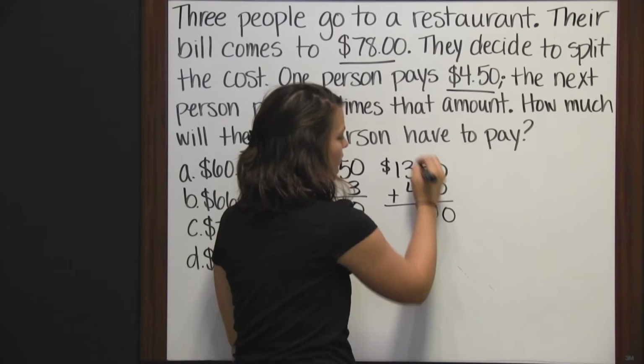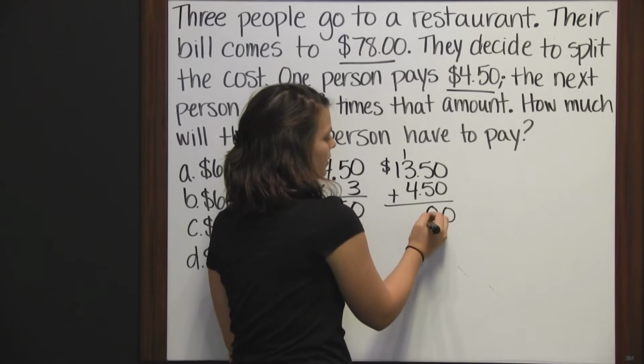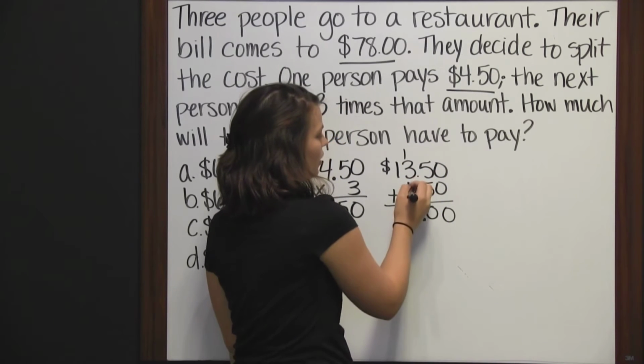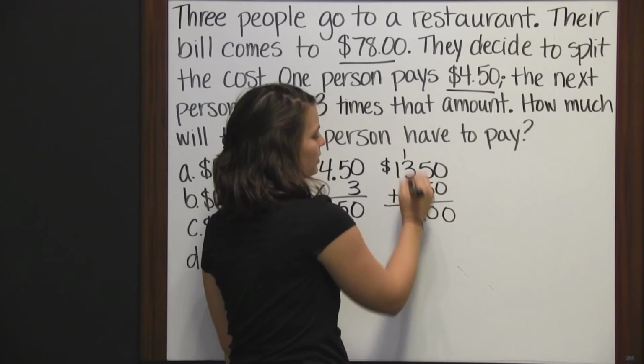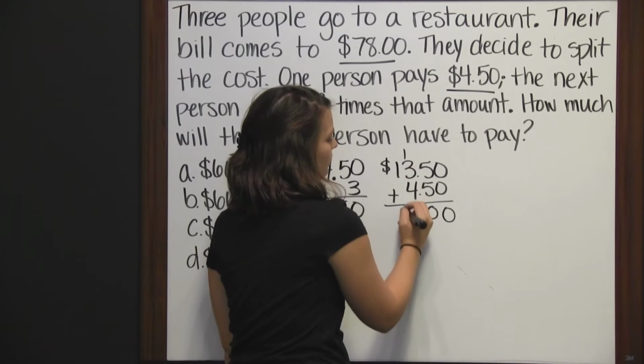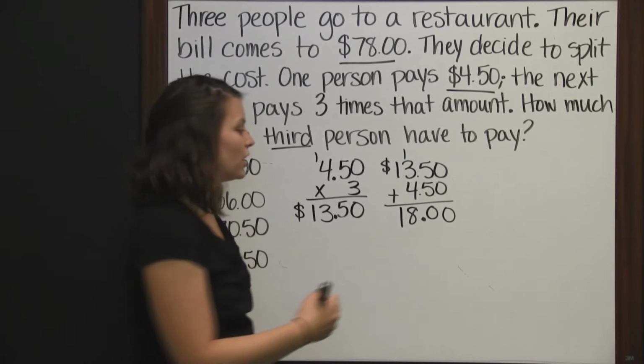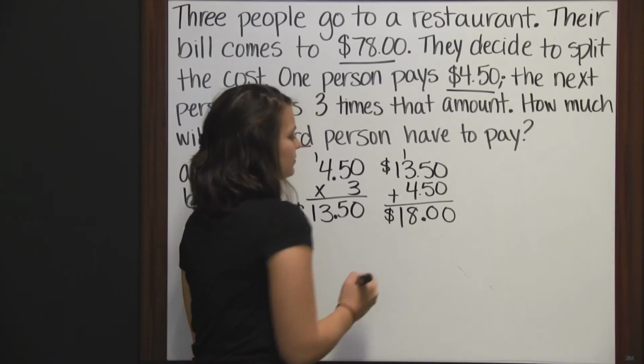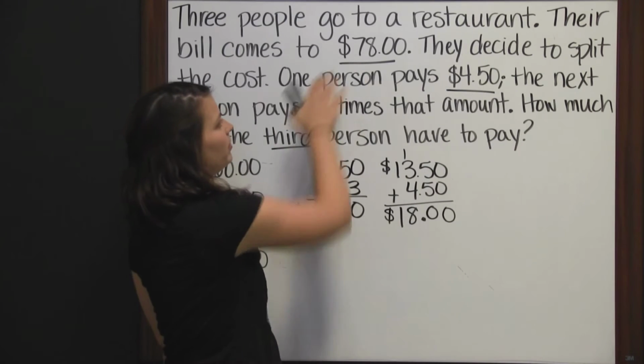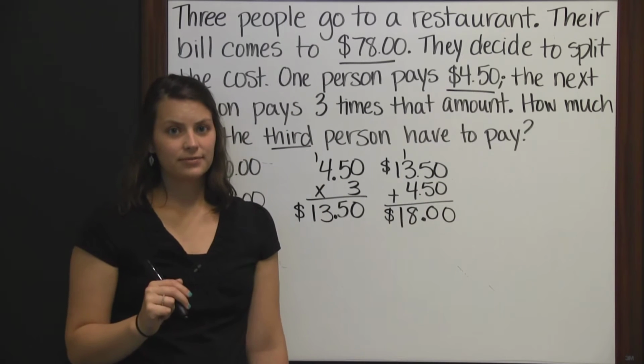So write the 0, carry the 1, bring down the decimal to the answer. 4 plus 3 is 7, plus 1 is 8, and then we bring down that 1. So the first 2 people paid a total of $18. And the total bill was $78.